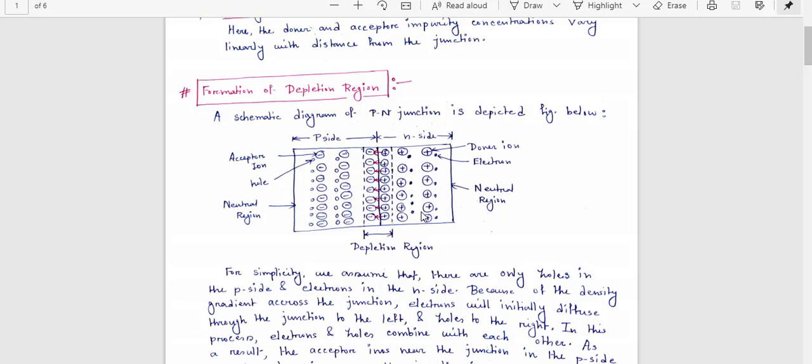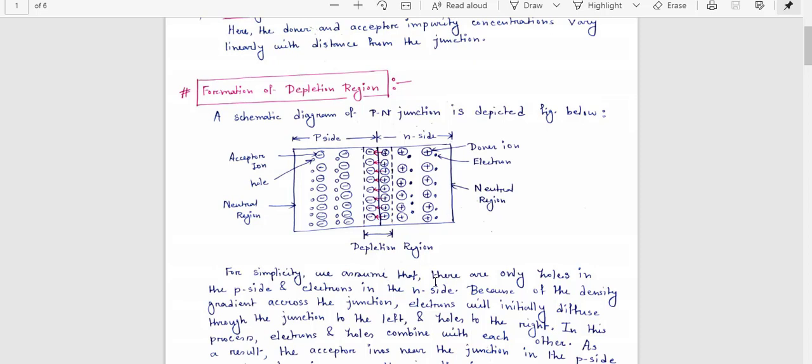Similarly, if you apply reverse bias, the positive terminal of the battery will be connected to the n side and the negative terminal of the battery will be connected to the p side. Now when you apply reverse bias, the applied voltage pushes the holes on the p side and the electrons on the n side away from the junction.